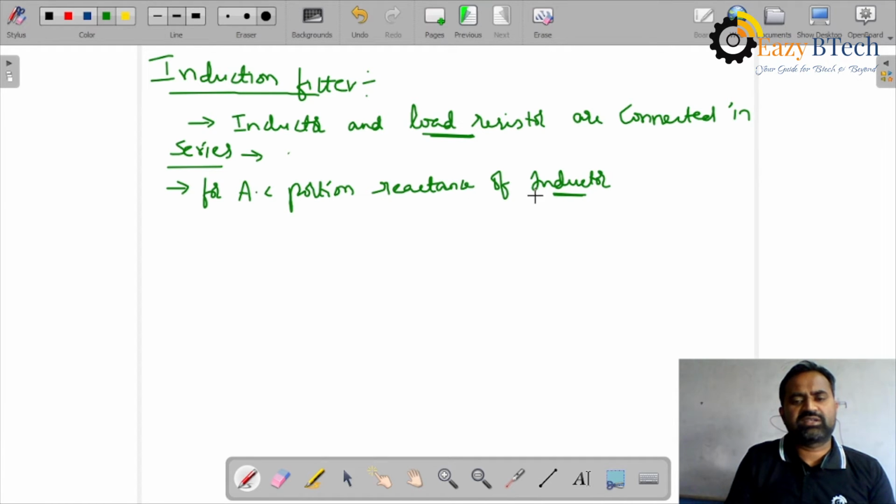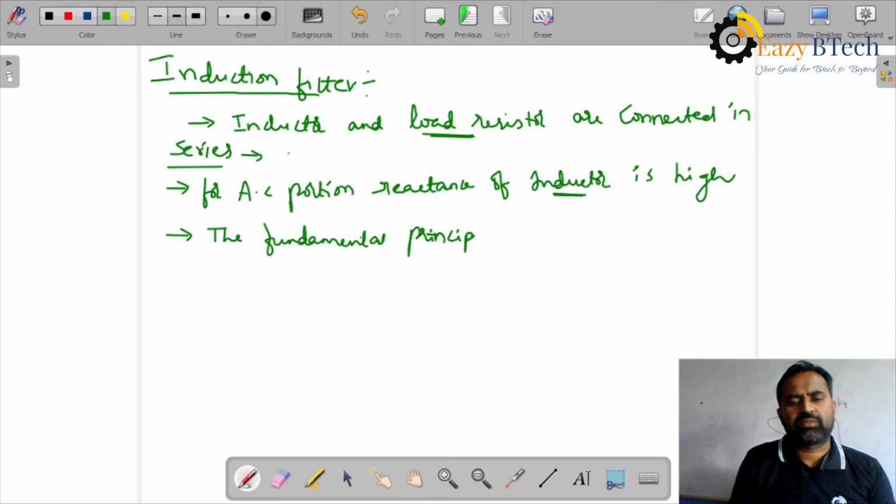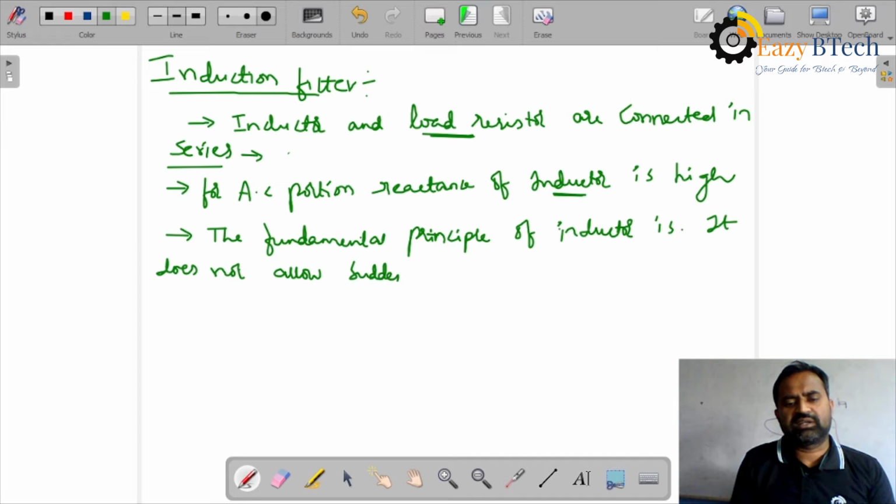Remember the fundamental principle of an inductor: it does not allow sudden changes in the current.